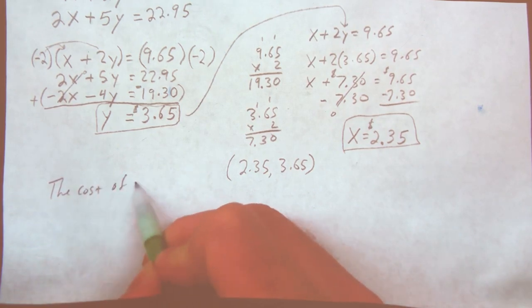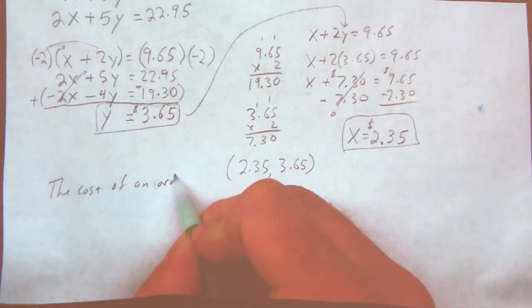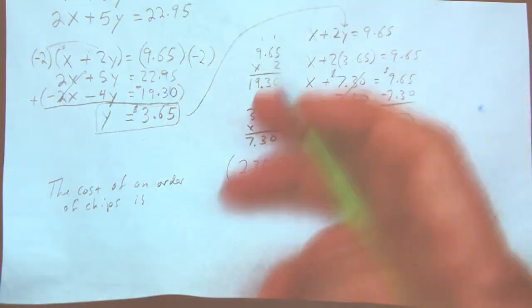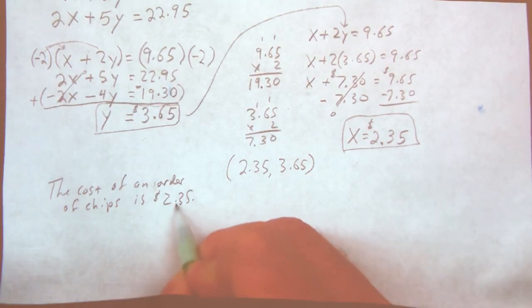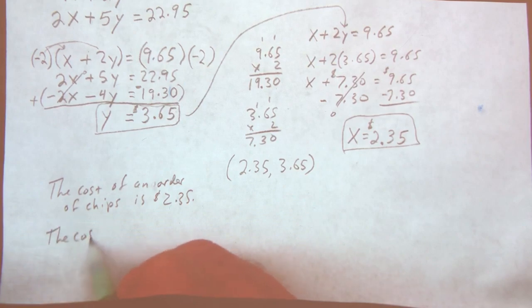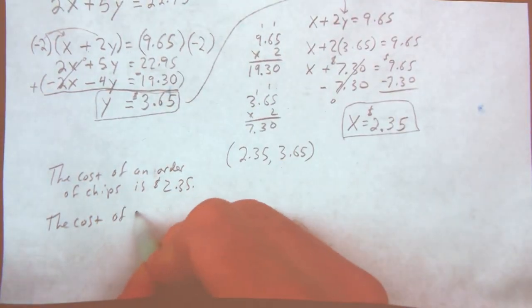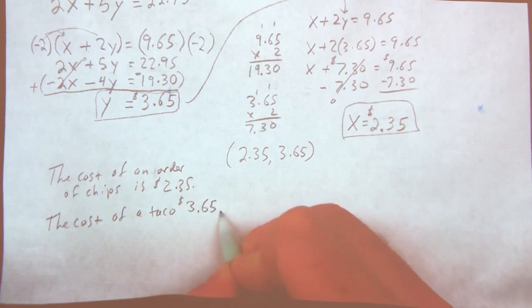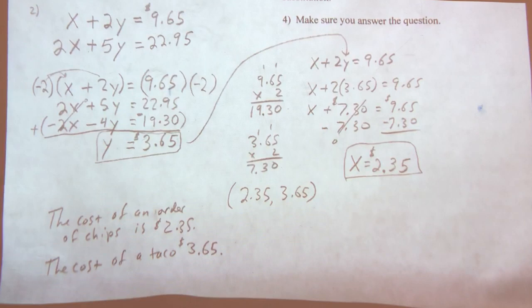The cost of an order of chips, the order of chips was x, so is $2.35. And the cost of a taco is $3.65.